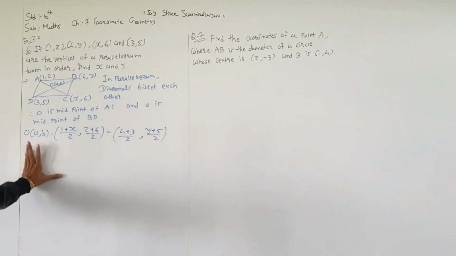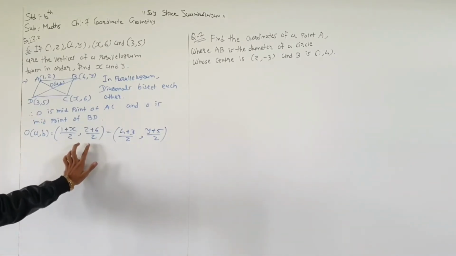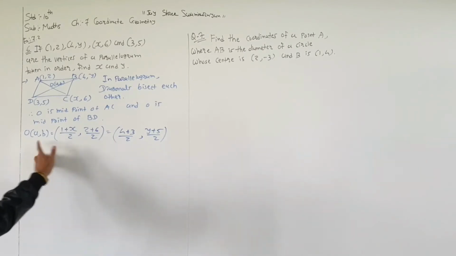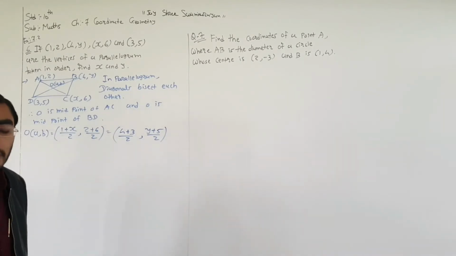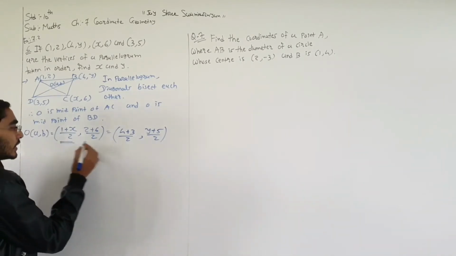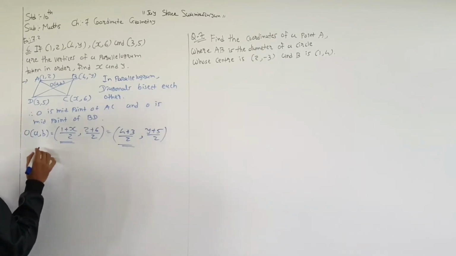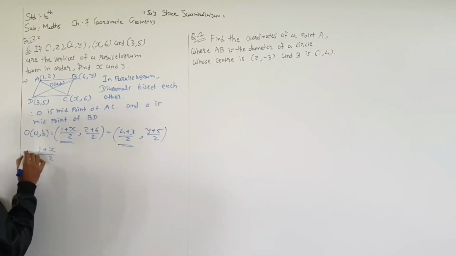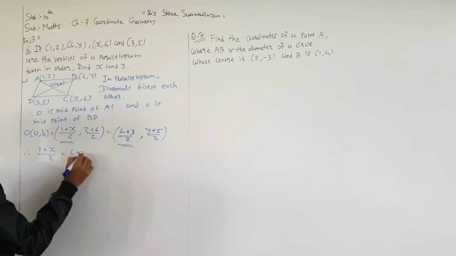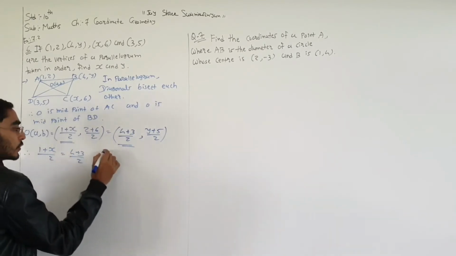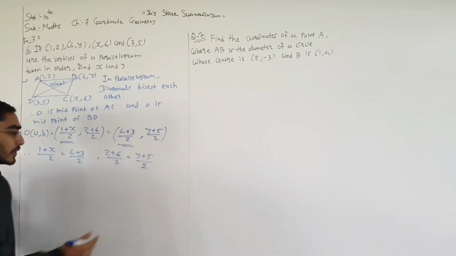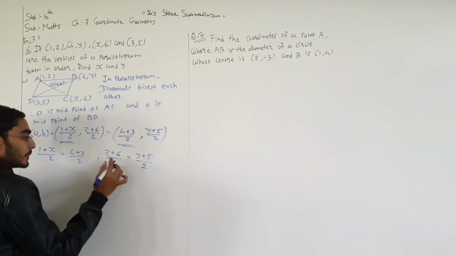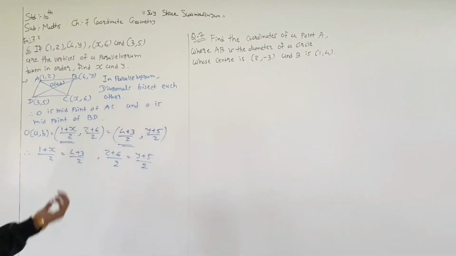So by using AC we can find O, and by using BD we can find O. Now O is a single point, so it's 7. That means the first coordinate is 7, and the second coordinate is also 7.